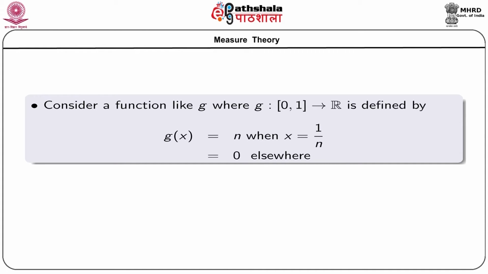So, they cannot make a region of positive area, but still this function we know that it is not Riemann integrable, but we will see that this function is obviously Lebesgue integrable.